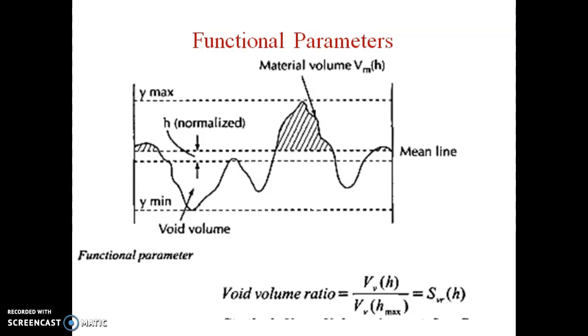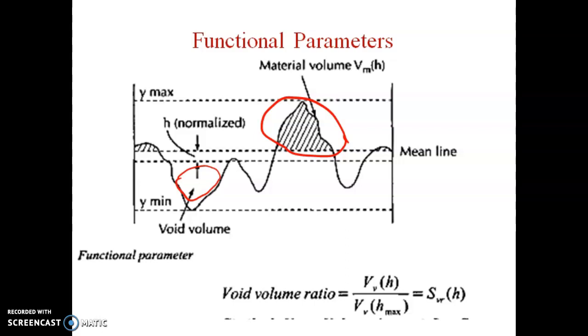This picture indicates what is material volume and what is void volume. The material volume is the volume of the material above the mean line. The sum of all these crust materials marked like this over the mean line constitutes the material volume Vm, and the void volume means the volume of the void space, that is the valley below the mean line.